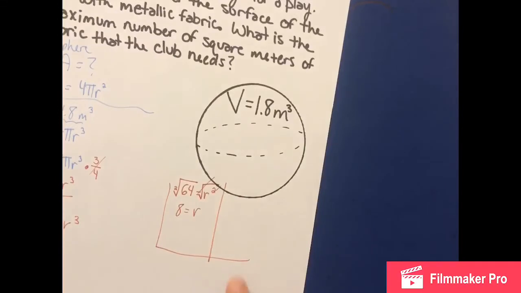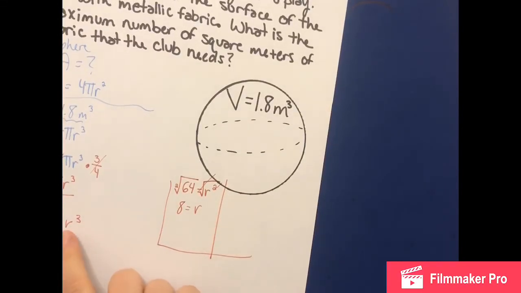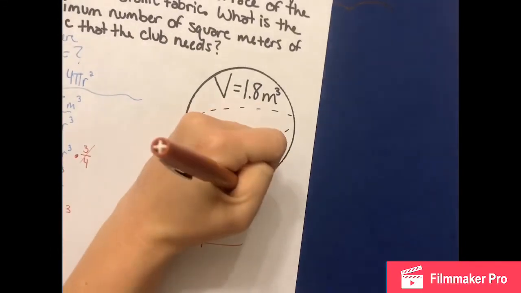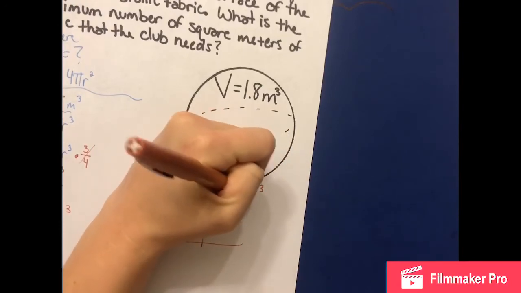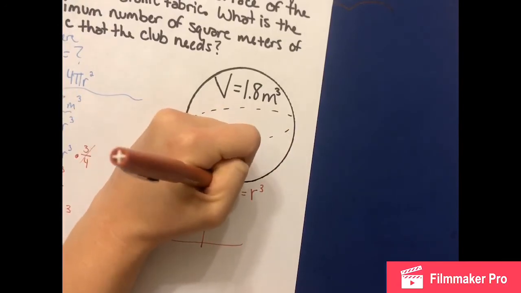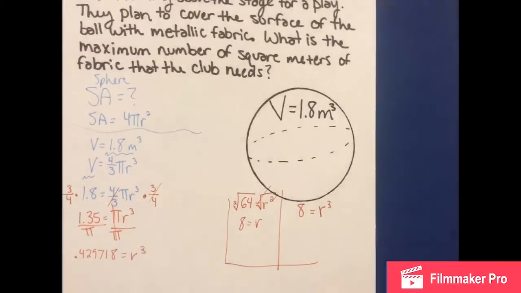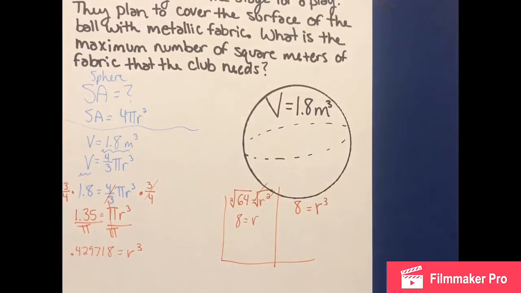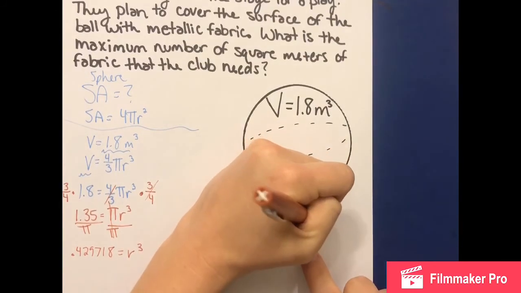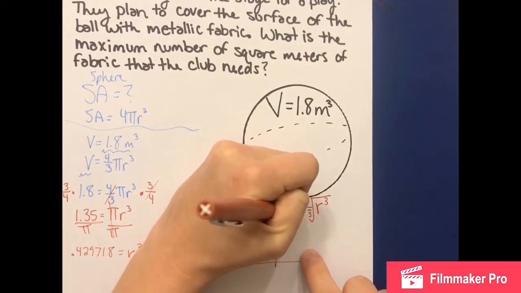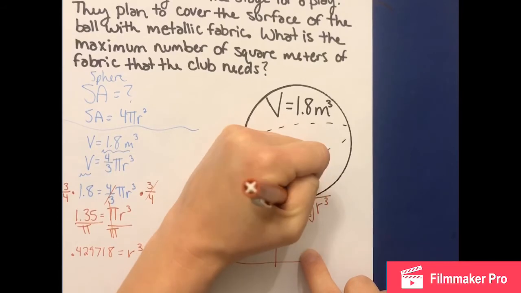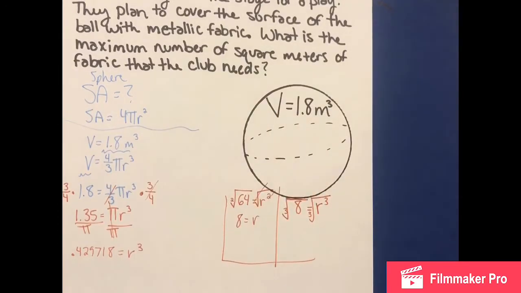So I want to show you what happens when we have something with a cubed root. So let's say we have, for example, 8 equals radius cubed. Instead of putting a square root, we're going to do a cubed root. This one you do have to write the number 3 in there. I get we don't for square root, but we just imagine it's there, okay?